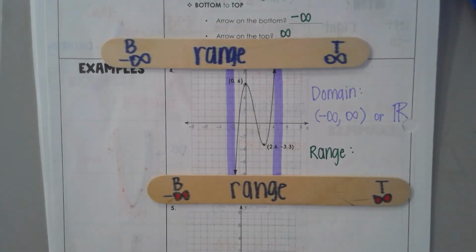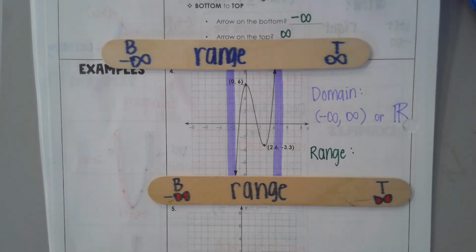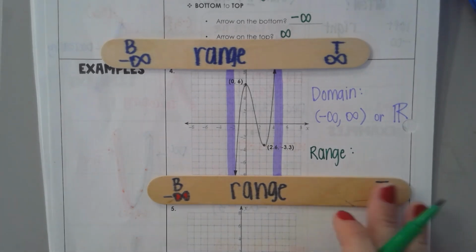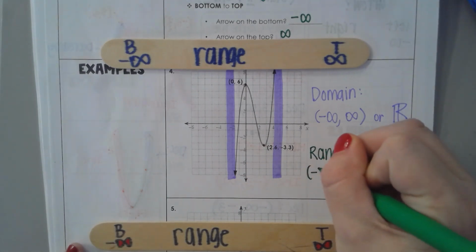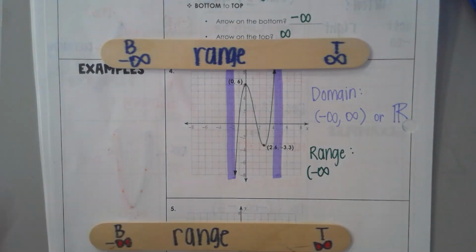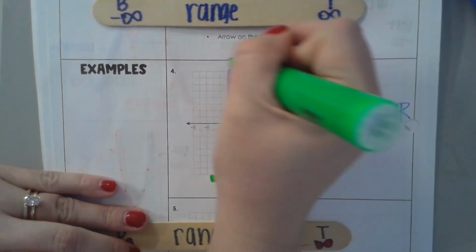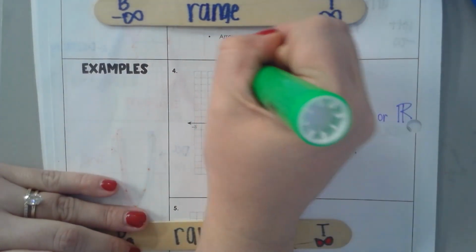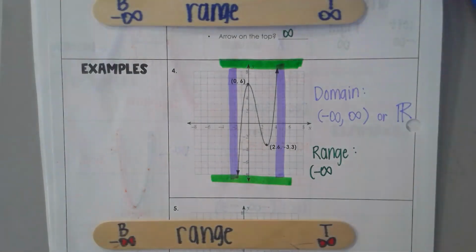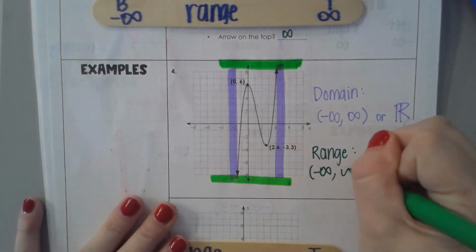So what is on the bottom of your graph? An arrow. So we start with negative infinity. I'm going to draw that in. What's on the top? An arrow. So positive infinity.